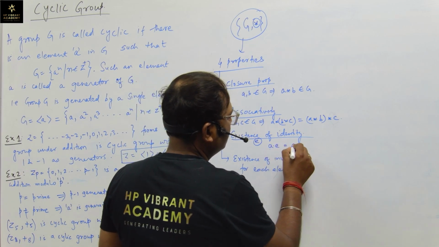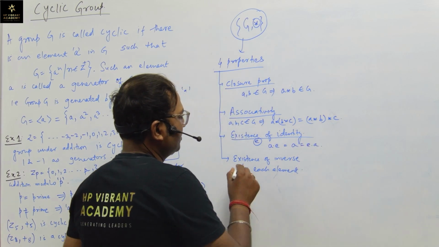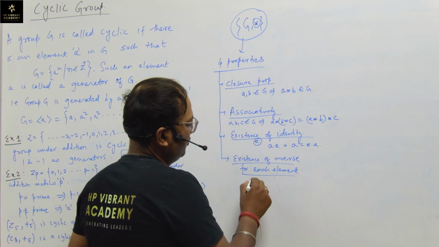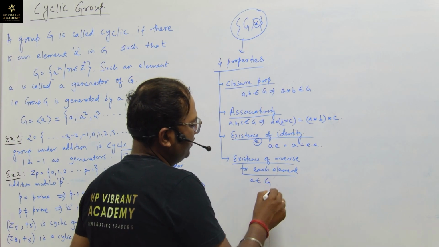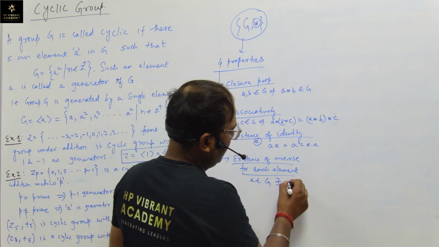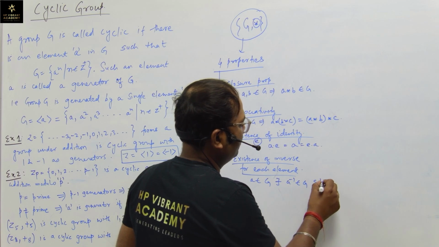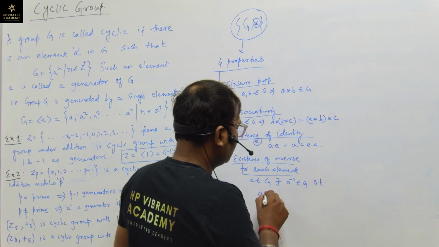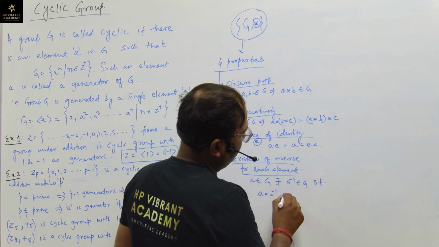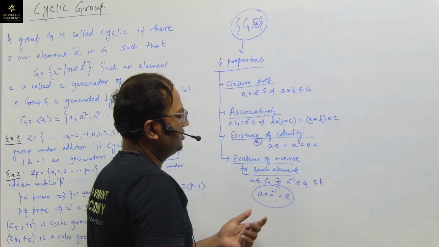So A star E is equal to A, which is equal to E star A. Now we have existence of inverse. For each element belonging to G, there exists A inverse belonging to G such that A star A inverse is equal to identity. So for every element there must be an inverse.